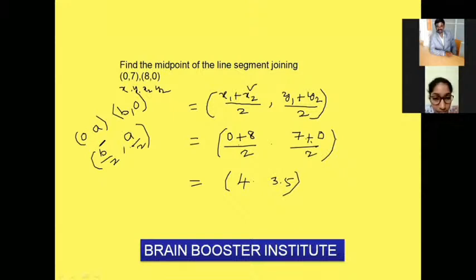You agree with her. Sir, here if we take x1 and x2 and y1 and y2, you'll get B by 2 and A by 2. If you reverse it also, it's the commutative property, so you'll get the same answer.